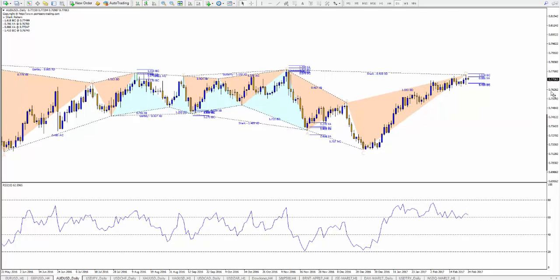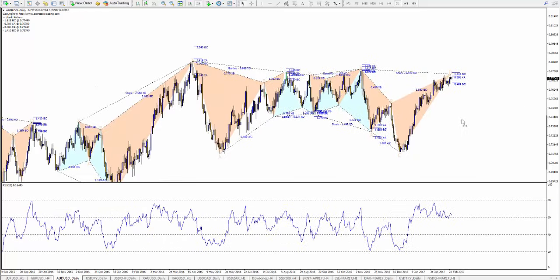Alright, there you go. So that's the daily chart, and if I draw my lines there, that is the range there. So if the market pulls back, it might just break out from here.